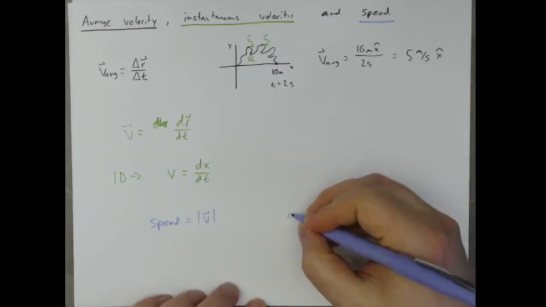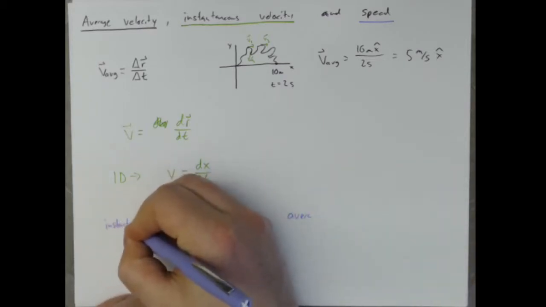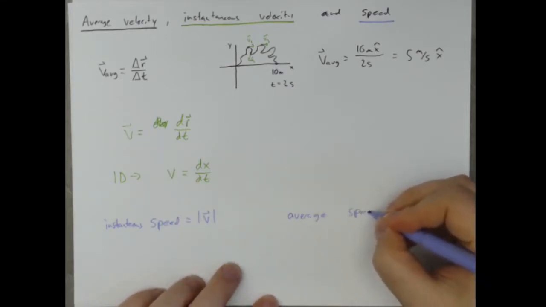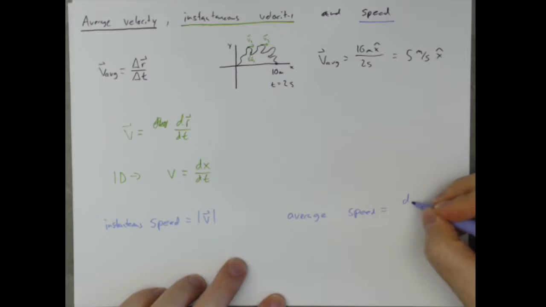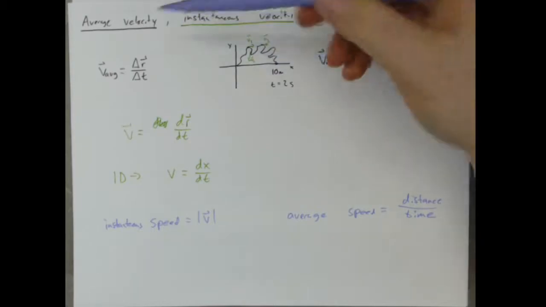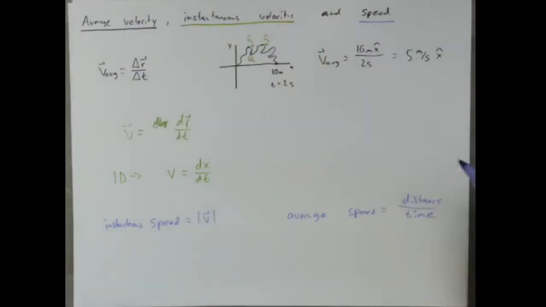If we're trying to talk about the average speed, this would be instantaneous. The average speed is actually the distance divided by the time. Speed has more to do with distance because speed is a scalar, so it deals with distance divided by time, whereas velocity is a vector, so it deals with displacement and time.